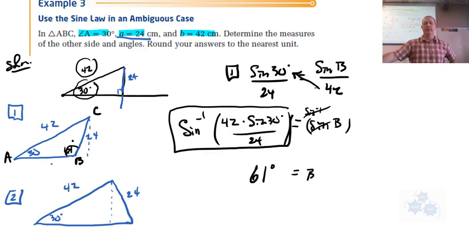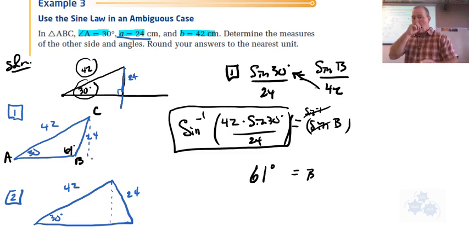Wait a minute. That does not look reasonable to me. Why not? Now this is very important. Watch this. Very, very important. Do you see what I just did here? I put 61 right here. That does not look right, does it? This angle should be obtuse. It should be greater than 90.